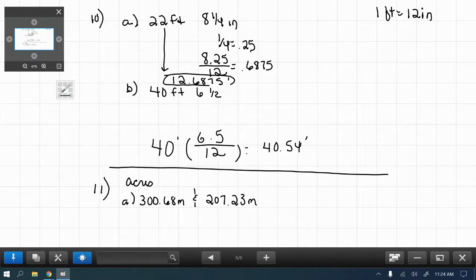I'll have to go to the next page. All right, so do I want to just go ahead and figure my area in meters squared, and then convert it over?